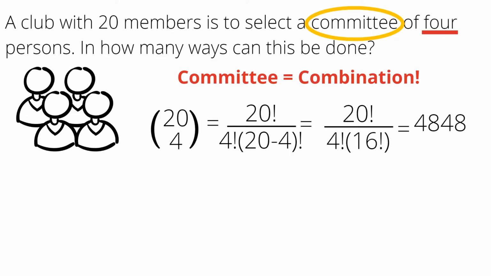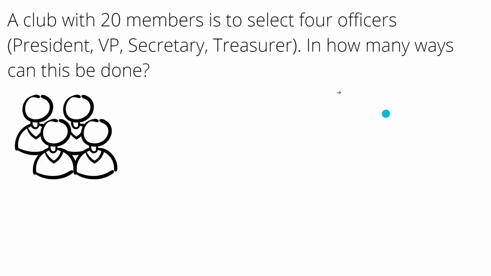Now let's take a similar problem. What if you had a club with 20 members and they want to select 4 officers? The officers are president, vice president, secretary, treasurer. In how many ways can this be done? So again, you have your question, does order matter?